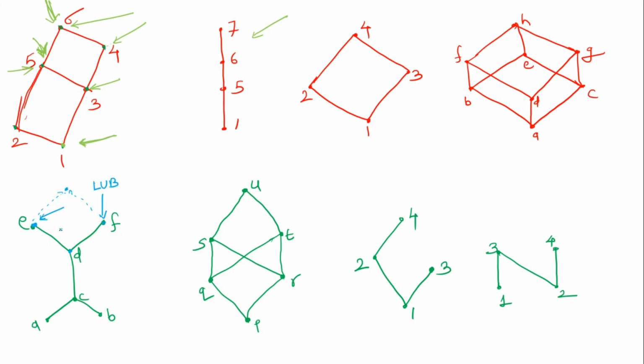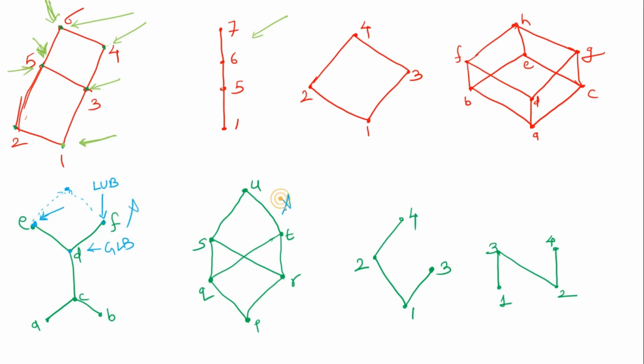For this diagram, for E and F there exists a greatest lower bound, but I don't have any single point present above E and F which, from all the upper bounds, would be my least upper bound. So there doesn't exist any such point, so this is not a lattice.